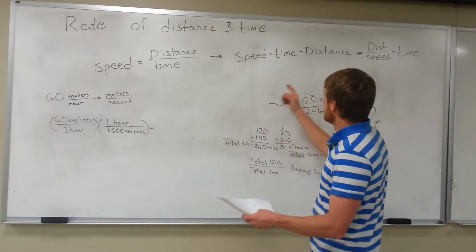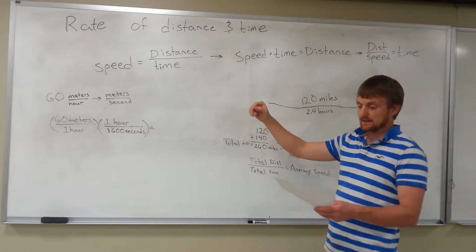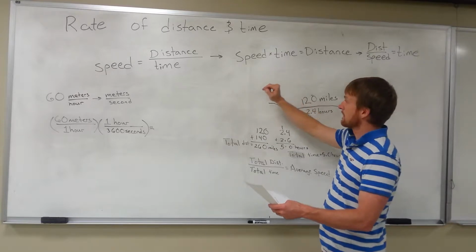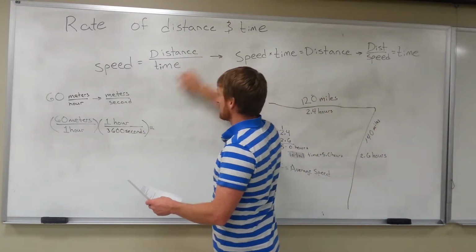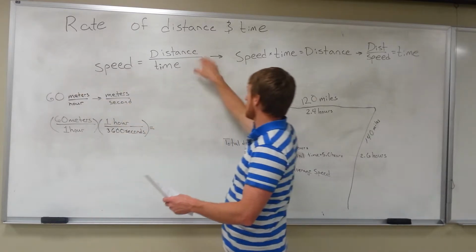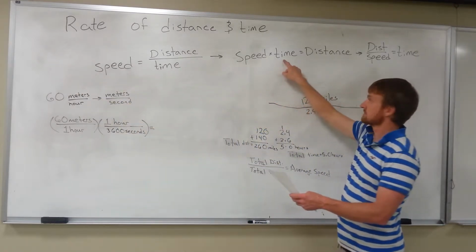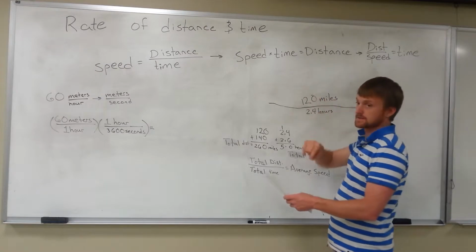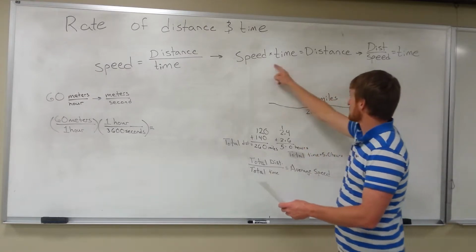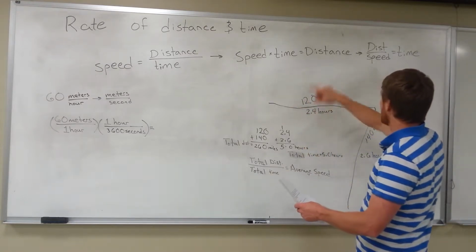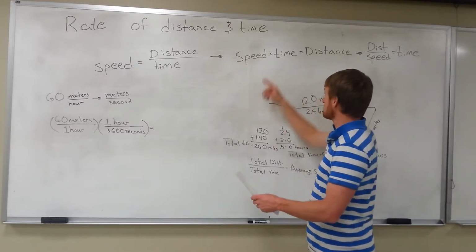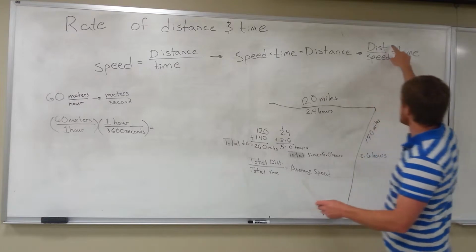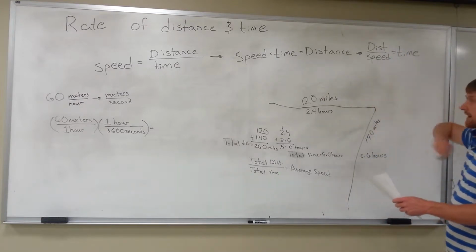And of course, looking at this mathematically, we can see that if we multiply both sides by time, time will cancel, and we're left with speed times time is equal to distance. Okay? Now let's get time by itself. So we'll divide both sides by speed, and we'll get distance divided by speed is equal to time.